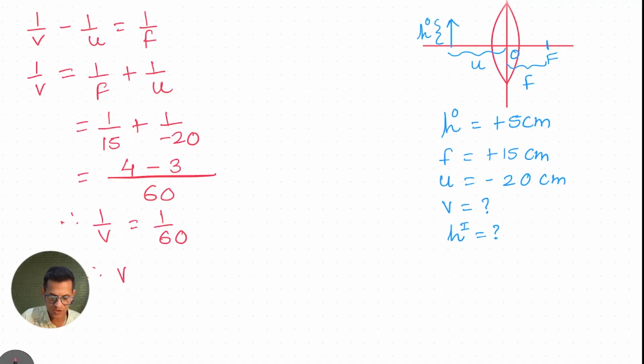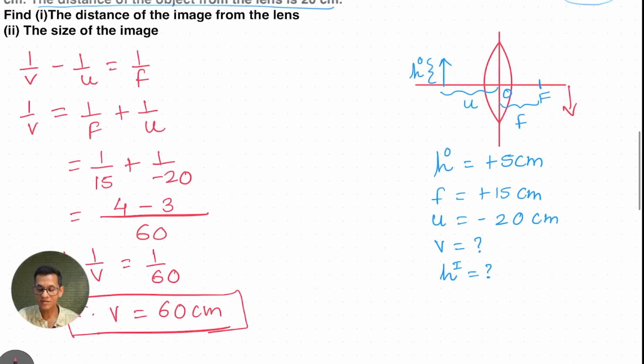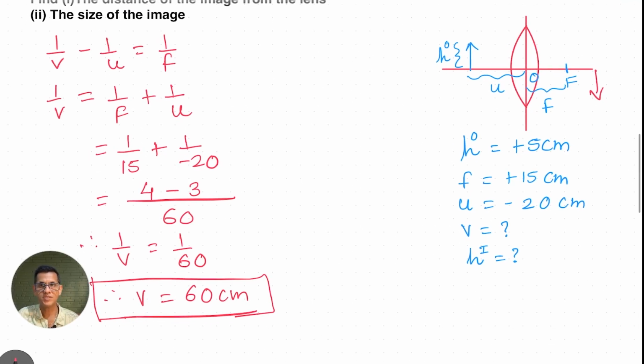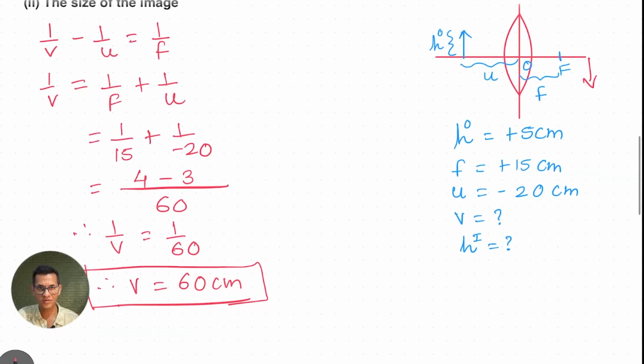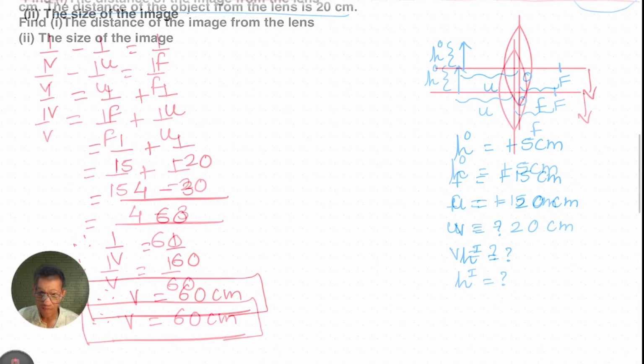Reciprocal on both the sides, v is equal to 60 centimeters. So the image is formed 60 centimeters on the right hand side. Now how do I know it is on the right hand side? Because here the value of v is positive. So I know that the image is formed at 60 centimeters on the right hand side of the lens.